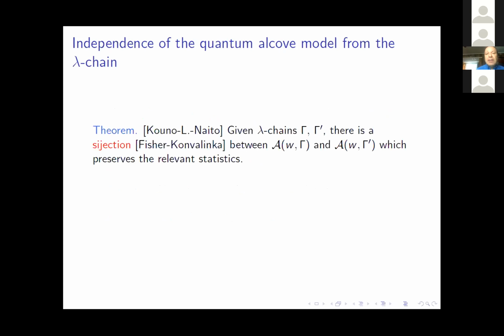Now this model is known to be independent of the associated lambda chain. In other words, if there are two lambda chains, gamma and gamma prime, then there is a surjection between the admissible subsets for gamma and for gamma prime which preserves the relevant statistics.